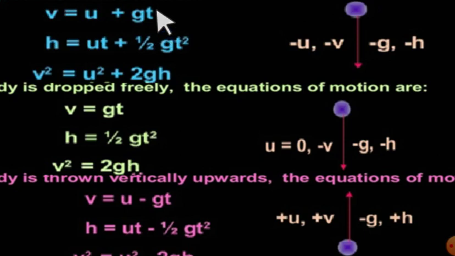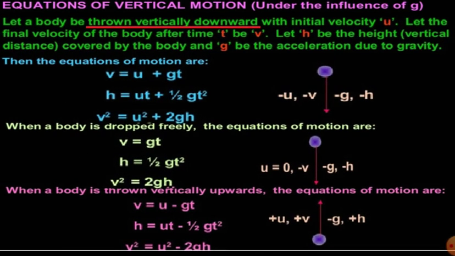Or you can take that expression as a equal to (v minus u) divided by t. Acceleration is the rate, so in the denominator it is time. It is the rate of change in velocity. Change in velocity is what? v minus u. v is the final velocity, u is the initial velocity.